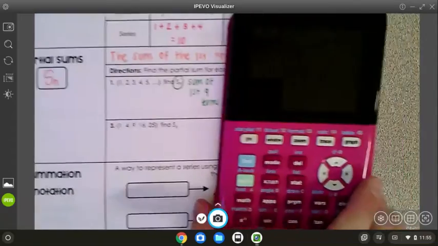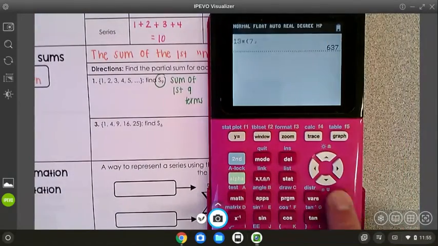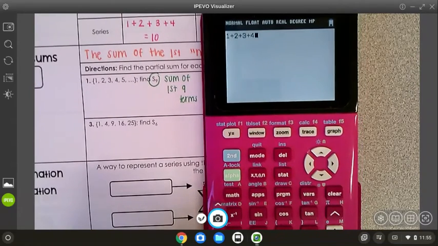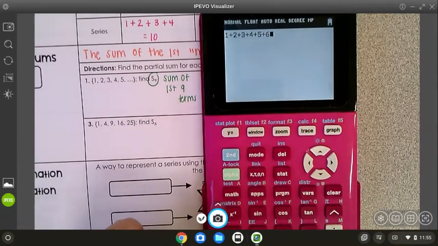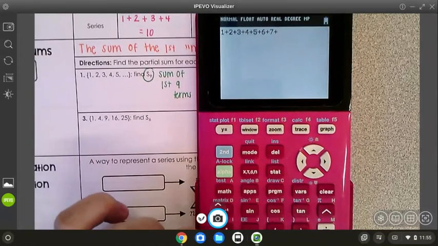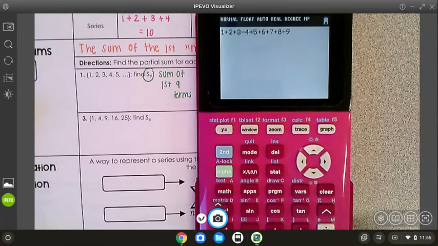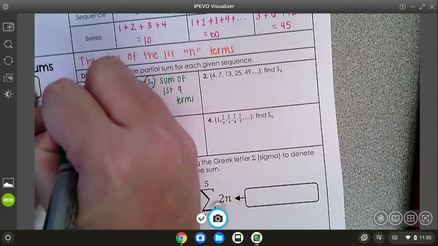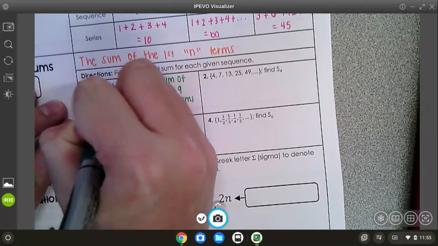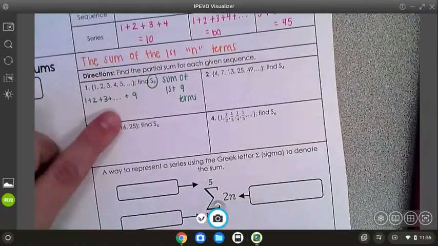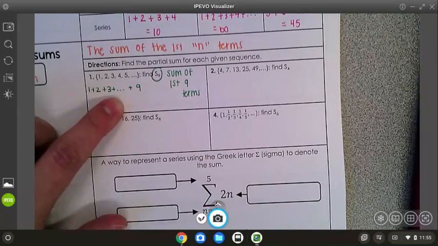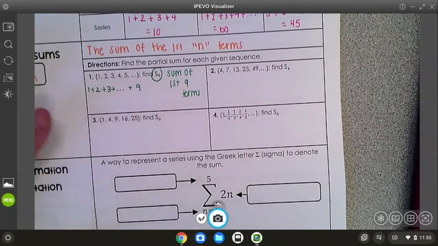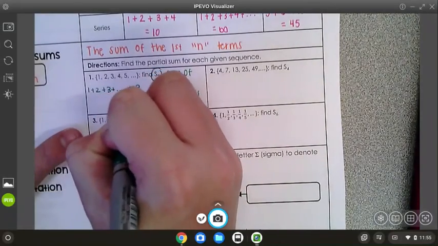So here in the calculator, that would be like 1 plus 2 plus 3 plus 4 plus 5 plus 6 plus 7 plus 8 plus 9. I'm running out of room, so I'm going to do it like this: 1 plus 2 plus 3, and I'm going to leave some dots there. That just means from 3 to 9, which I showed you on the calculator. And we saw that that was 45.